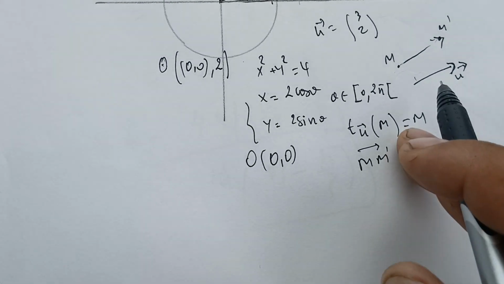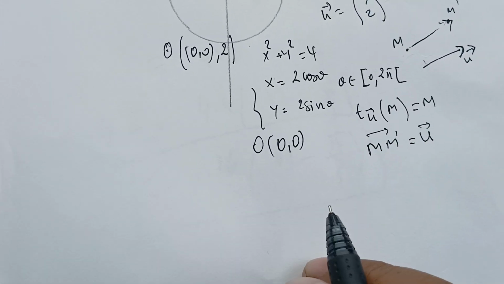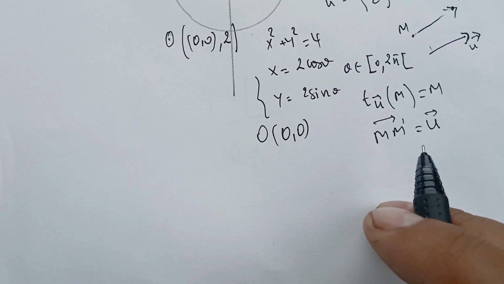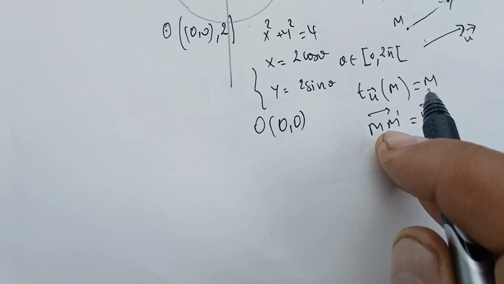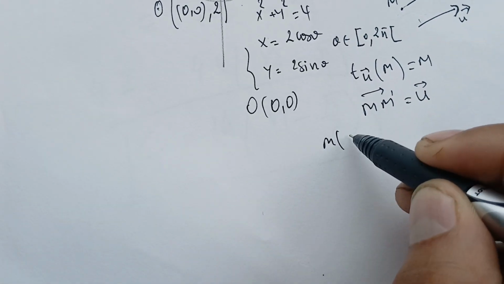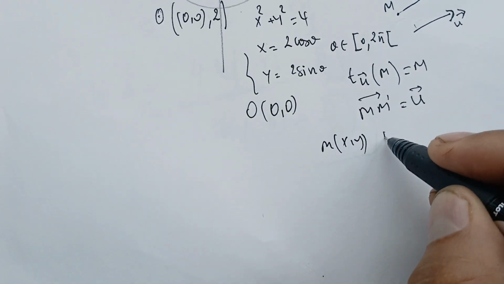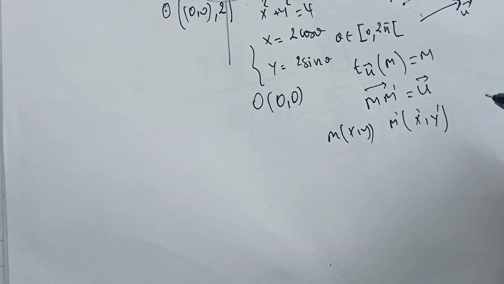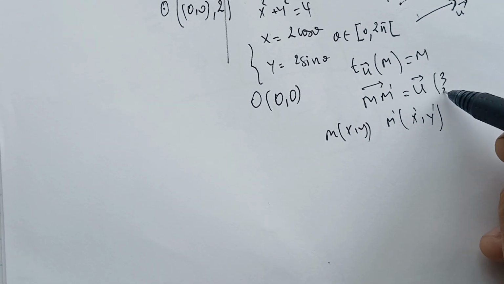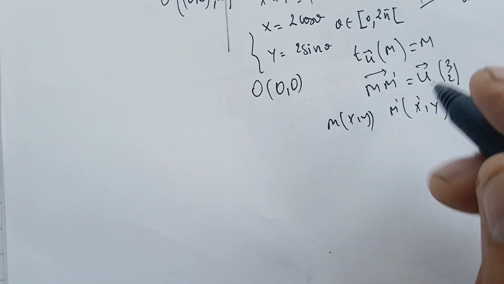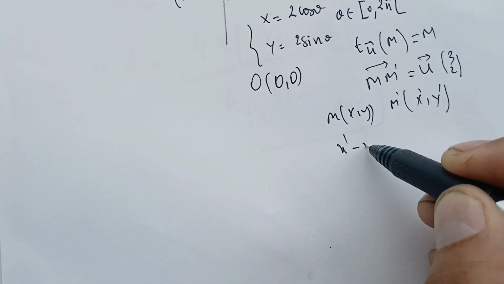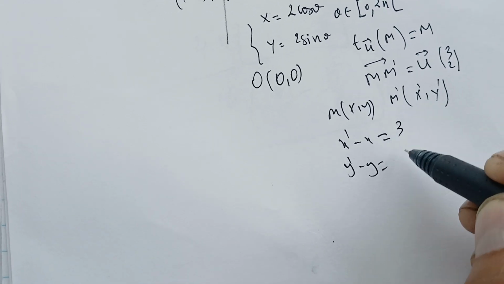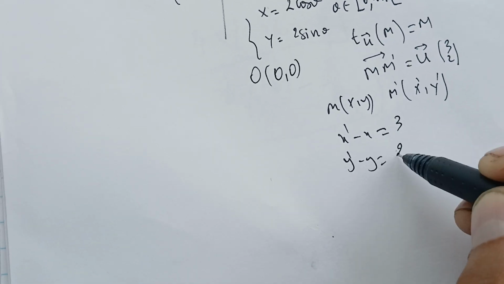Okay, so in this case we can find the analytical expression for this one. So we can write this vector if we let M have coordinates (x, y) and M prime have coordinates (x prime, y prime). And u has coordinates (3, 2). We see that the vector MM prime is given by (x prime minus x, y prime minus y). This is equal to (3, 2).